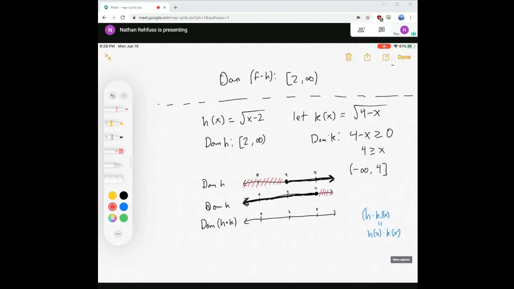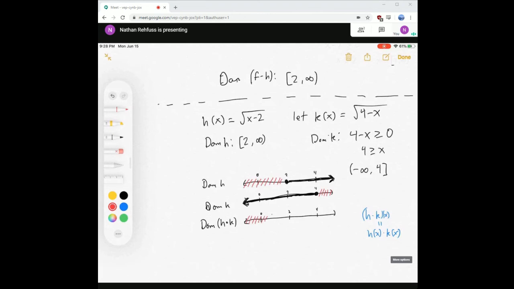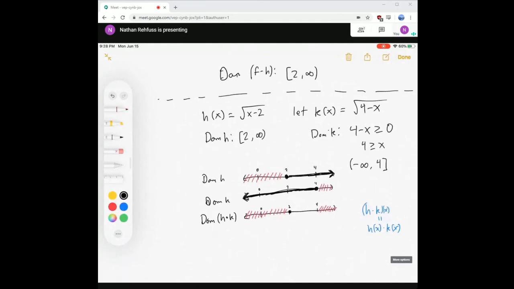So since I can't plug those numbers into k, I can't plug them into h times k, because evaluating h times k means you have to be able to evaluate k. So none of these numbers are going to go into h times k, and none of these numbers either. The only numbers that go into both are the ones that start at 2 and end at 4. So the domain of h times k turns out to be these points starting at 2 and going up to 4.